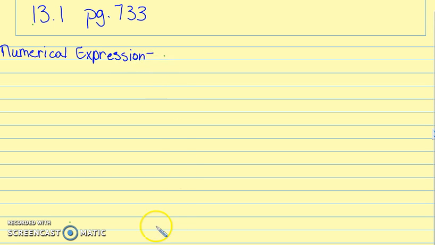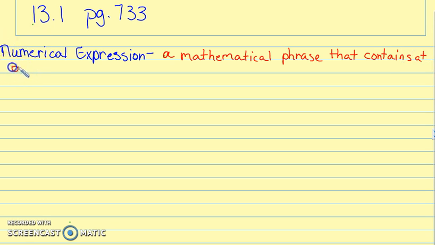A numerical expression is a mathematical phrase that contains at least one operation.